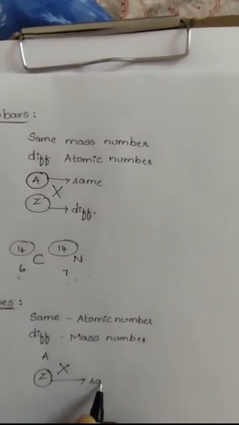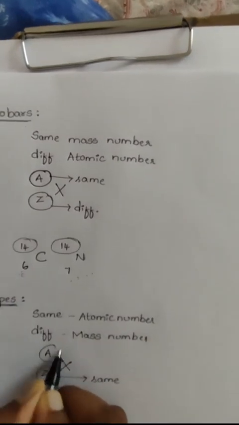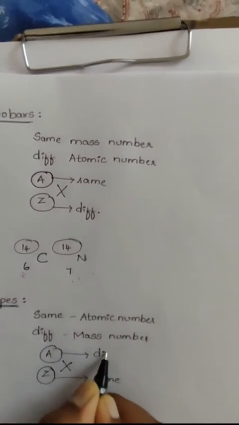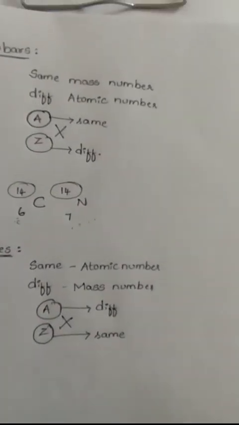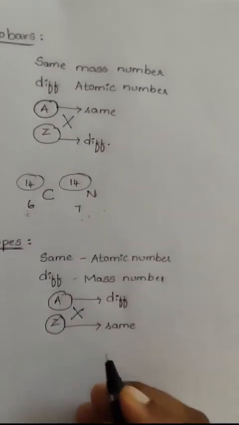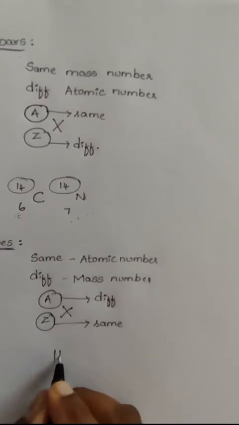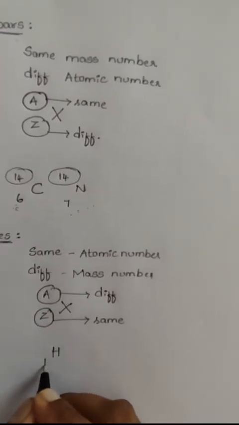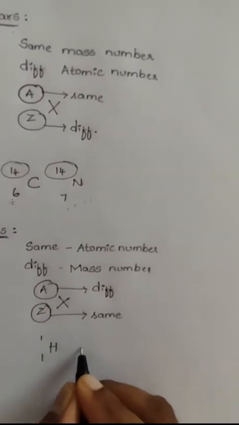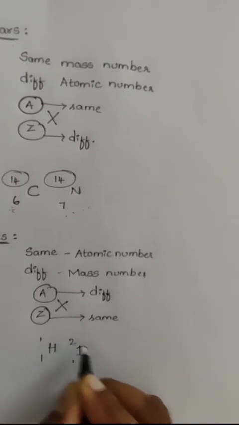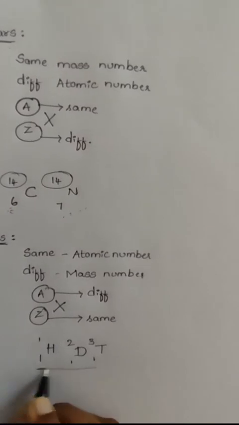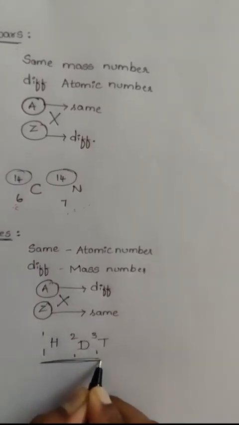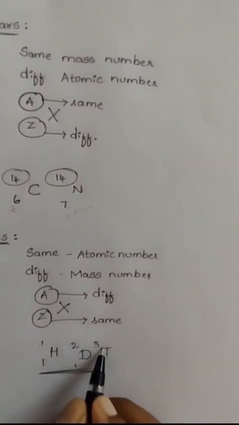For example, the isotopes of hydrogen: protium, deuterium, tritium. See, they have the same atomic number but different mass number.